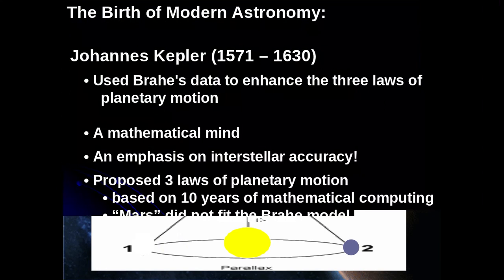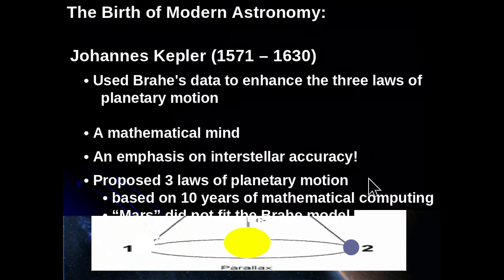And what he showed was that although Nicholas Copernicus was very close to the heliocentric model, Johannes Kepler, who is considered actually the birth of modern astronomy, tweaked or modified the concept of Copernicus to really accurately show and define exactly how the planets are moving and where they are located. And so Johannes Kepler proposed what we call the 3 laws of planetary motion.